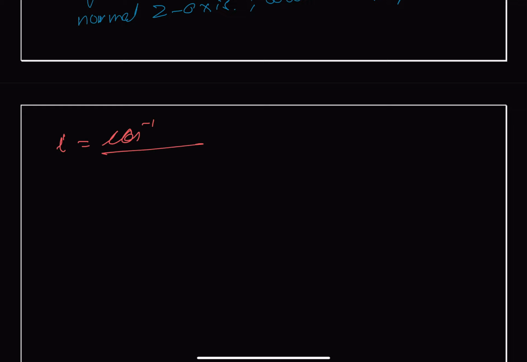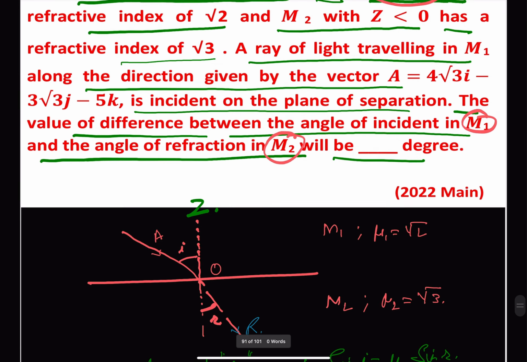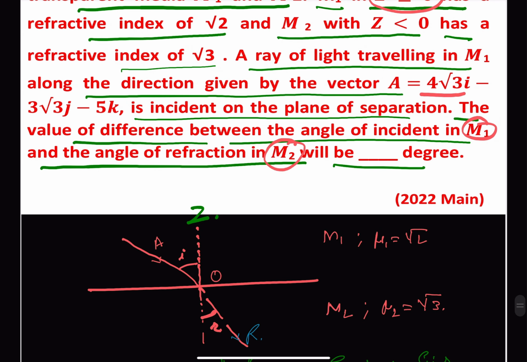cos inverse of A in the Z direction, divided by A. Vector A is given to us as 4 root 3 i, 3 root 3 j and 5 k.